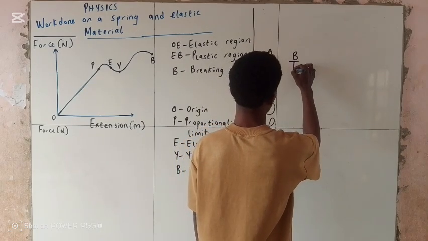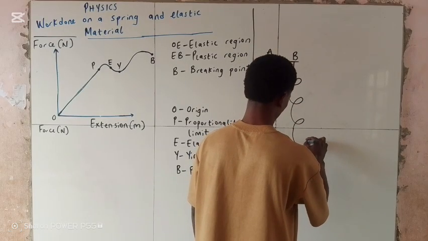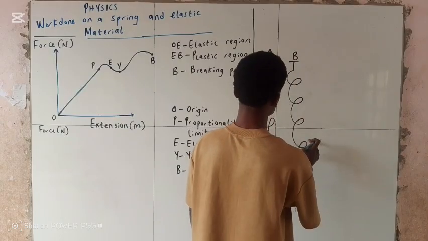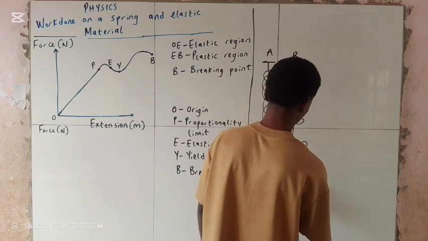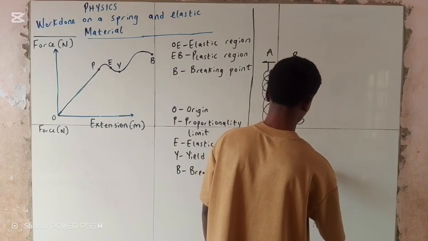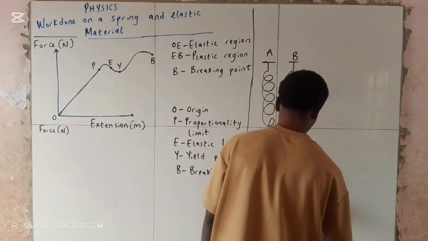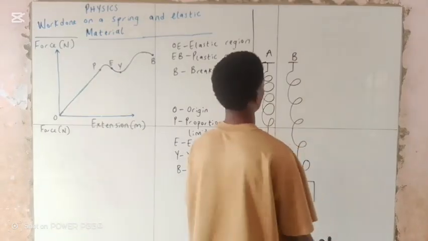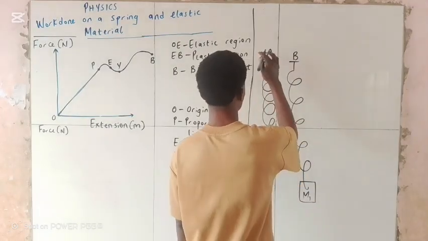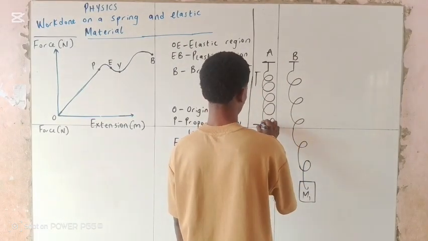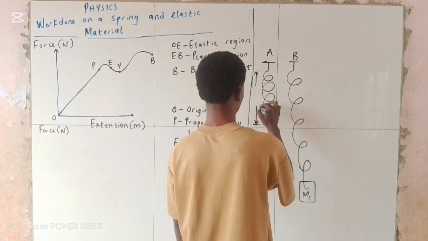We attached a mass, and in that case let's call it M1. From here to here is the original length of the spring.